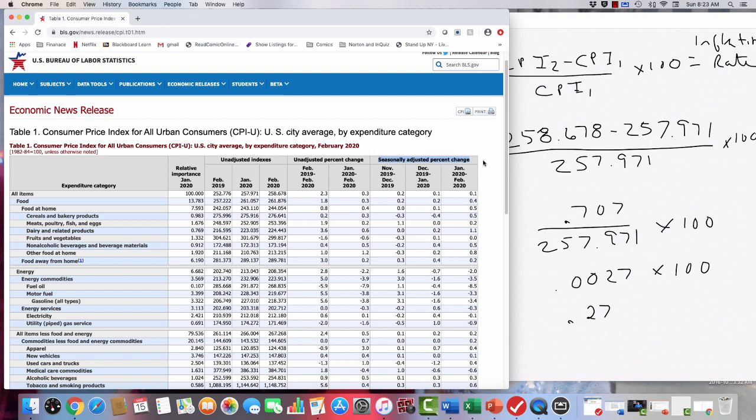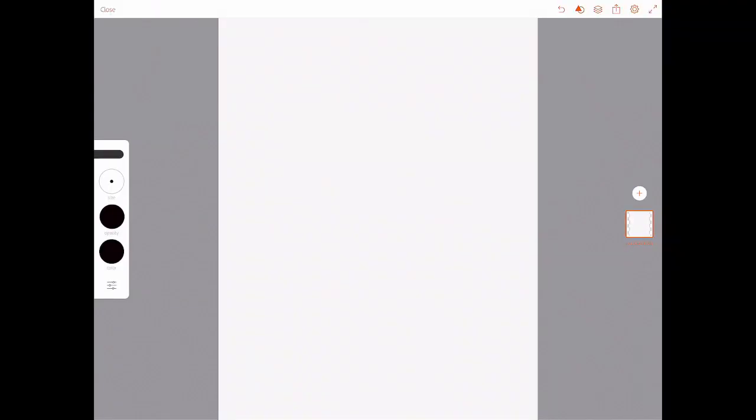So before we leave CPI, we need to talk about what some of those problems are. The Bureau of Labor Statistics has some methods that they use to adjust for these problems. And so they report two different numbers. They report the unadjusted number, which is what we calculated, and they also report this adjusted number of 0.1. So let's take a look at some of the problems that are created with using this CPI.